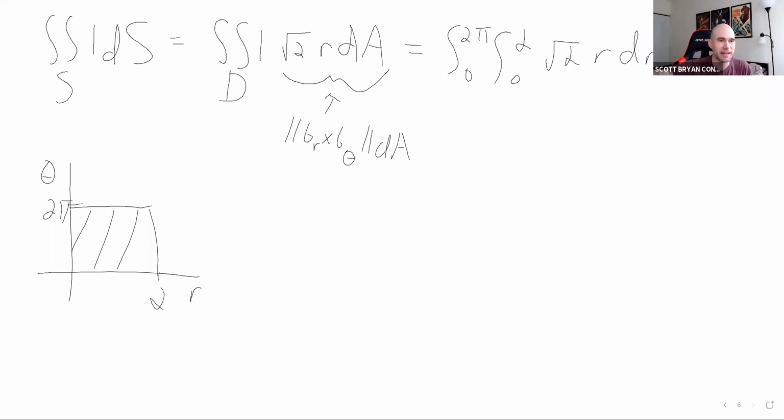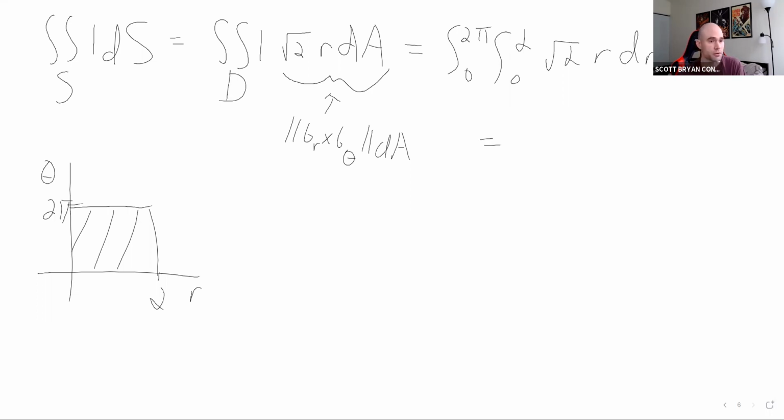It may look like we're changing to polar and need to change dA to r dr d theta. Ignore that. Just look at what the bounds for those variables are. And then dA just becomes dr d theta, because we're in the r theta plane, not in some polar region in the xy plane. Hopefully that'll become clear when we do more examples. But it's a very common mistake to make.